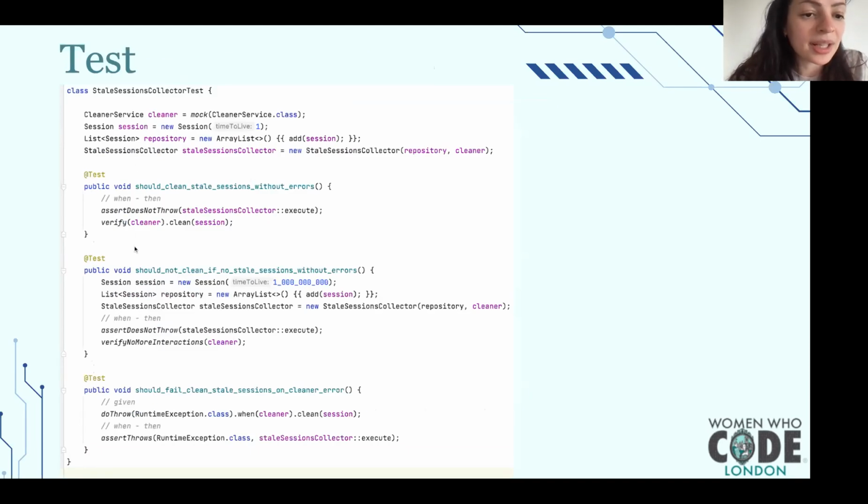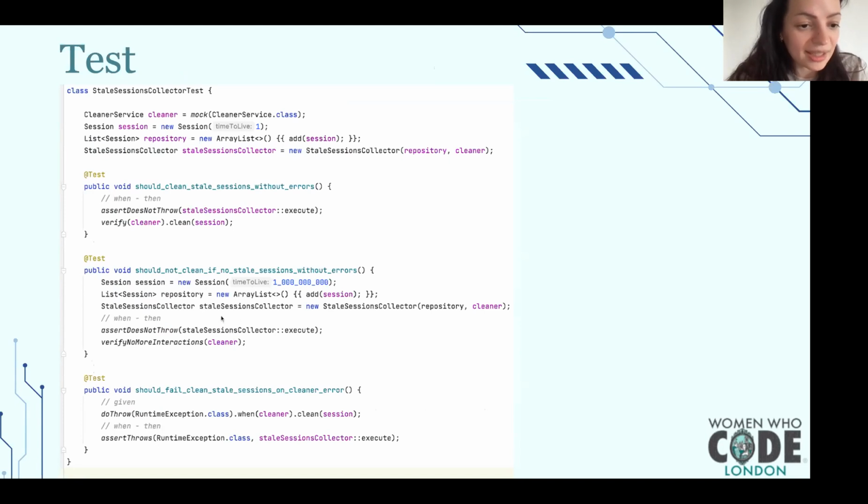Okay, so we looked at the first test. We just checked that everything works. Then we look at the second test. Now we have a session with a very long time to live. So when we try to collect this session, it won't be collected.